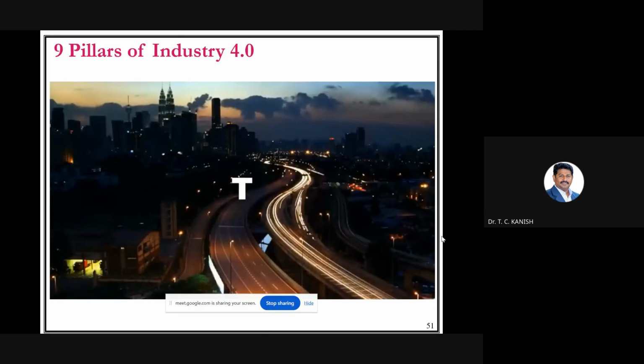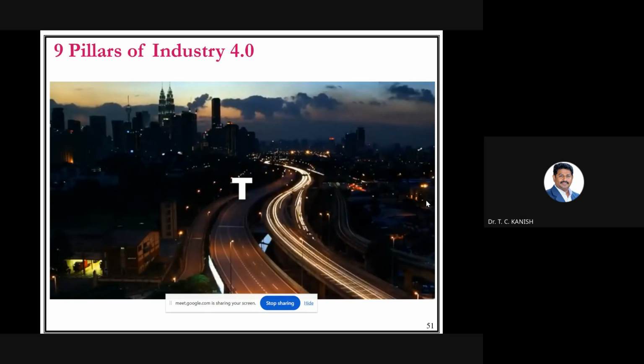So this is an idea of what Industry 4.0 is. So these are the 9 pillars of Industry 4.0, where we are all doing research simultaneously. We want to know what the important areas in Industry 4.0 are where I can start my research.